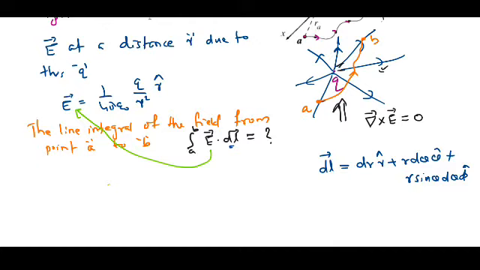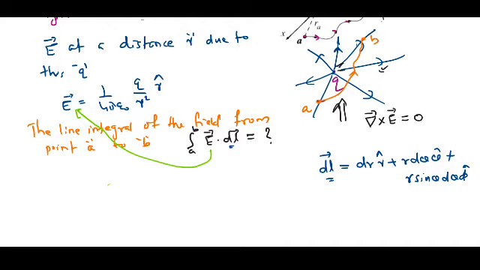Why have we taken dl in the spherical polar coordinates? Because the electric field lines emerging away from the charge Q will be in spherical direction in all three x, y, z directions, and therefore if you calculate the line integral for this electric field distribution, then the length element should be taken in a spherical polar coordinate system.